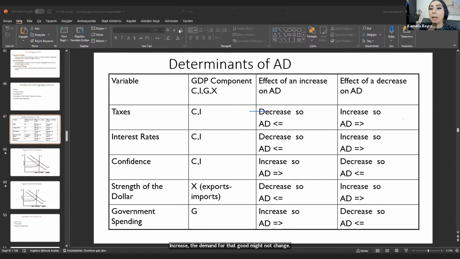Inelastic demand means, as an example, there is one person who is diabetic and needs to use insulin every day. Even if you increase the price of insulin 100 times, which is an absurd example, or even 3-4 times, this will not affect him, there will be no movement on his demand curve.